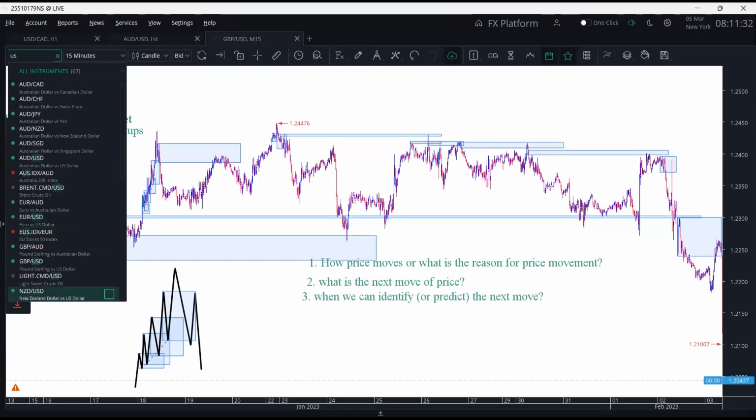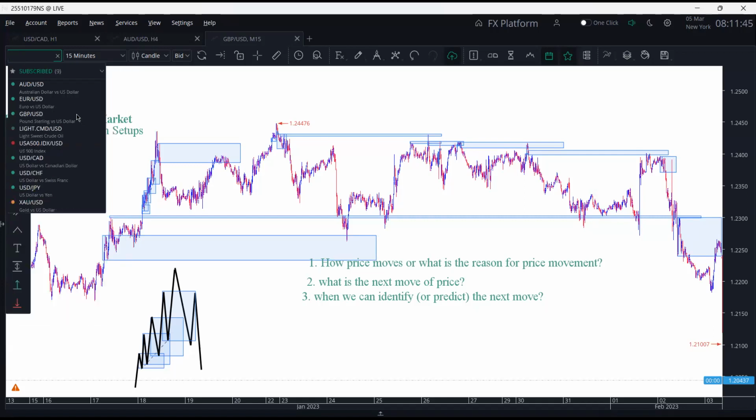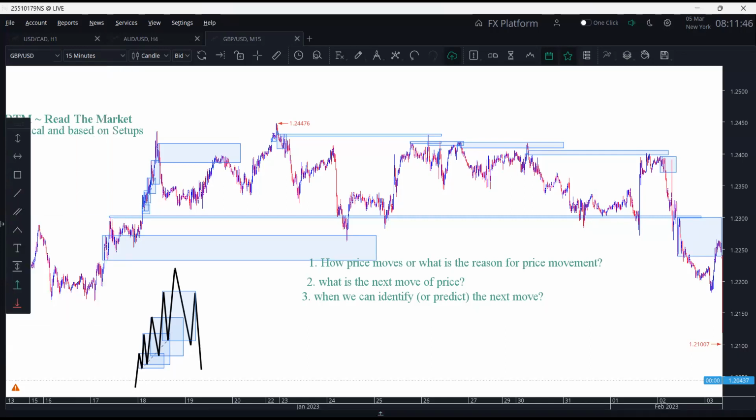If you can't find it, try NAS 100. NAS 100, no, there's no. I have it in my TradingView. Let me open up TradingView. I think it could be better. Cool. The JForex is a little bit different.